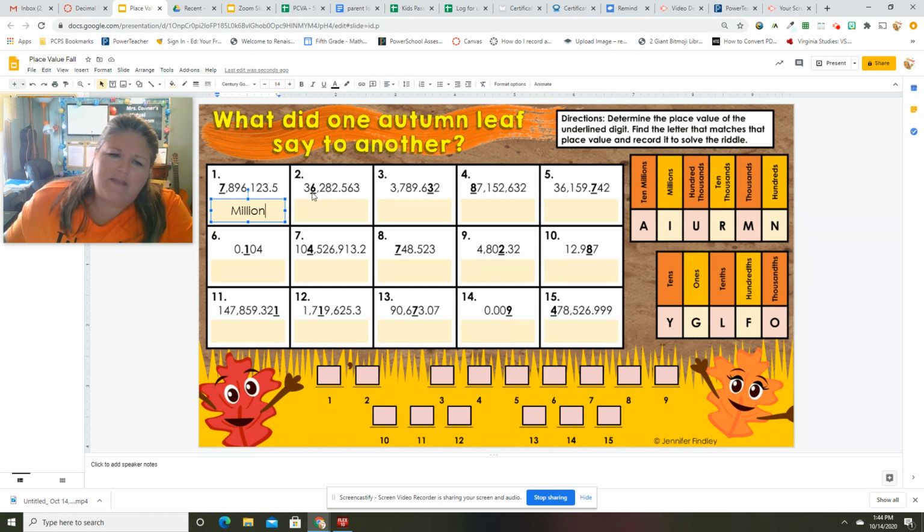But they're asking for a whole number place value. So let's say the number again, 36,282 and 563 thousandths. Looking at that 6, I've got my hundreds right here, so it would be my thousands place.